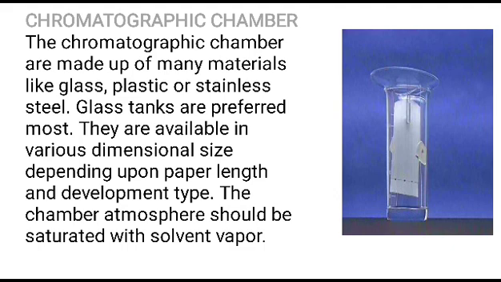In our lab, generally we use a 250 ml glass beaker covered with a petri plate. We pour the solvent we use as a mobile phase into that beaker and cover it with aluminum foil so that the chamber gets saturated with the solvent vapor.